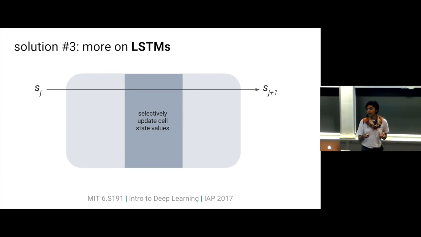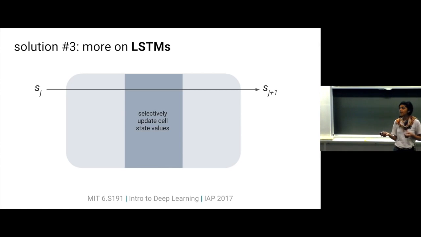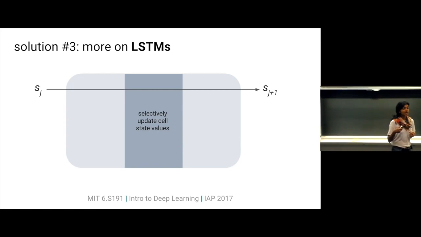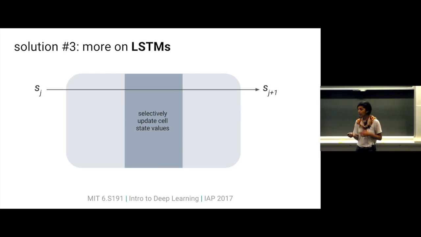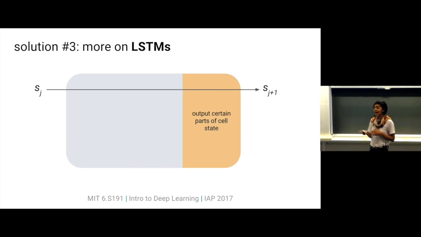The next thing I want to do is selectively update the cell state values. So I can choose exactly which ones I want to update. So for example, if the new subject is singular and masculine, I might want to update my cell state, because I know that'll be relevant information to conjugating the next verb. The next thing I want to do is output certain parts of the cell state.